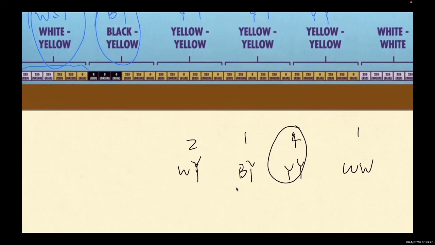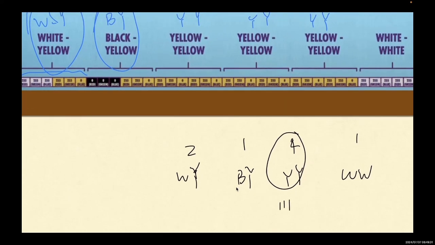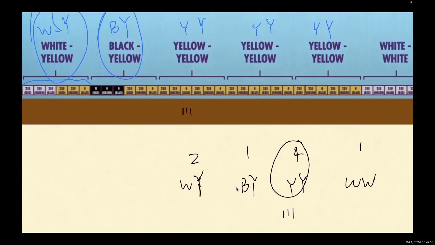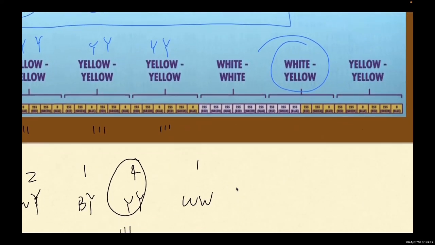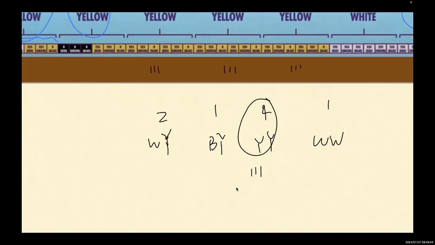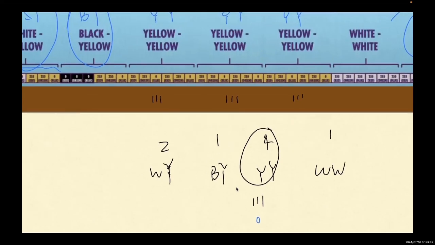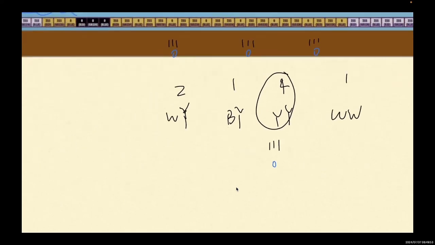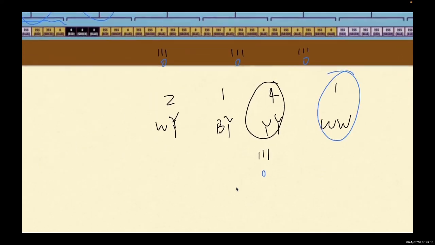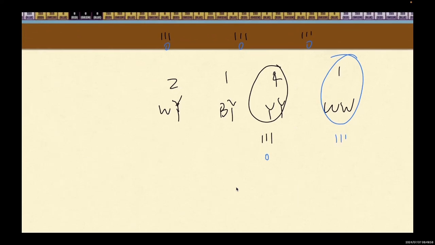For example, if we represent yellow-yellow as 111, we need to store it as 111 every time. Since yellow-yellow appears the most often, to save space we might represent it as 0. And for other things that appear only a few times, only once, we call it 111.